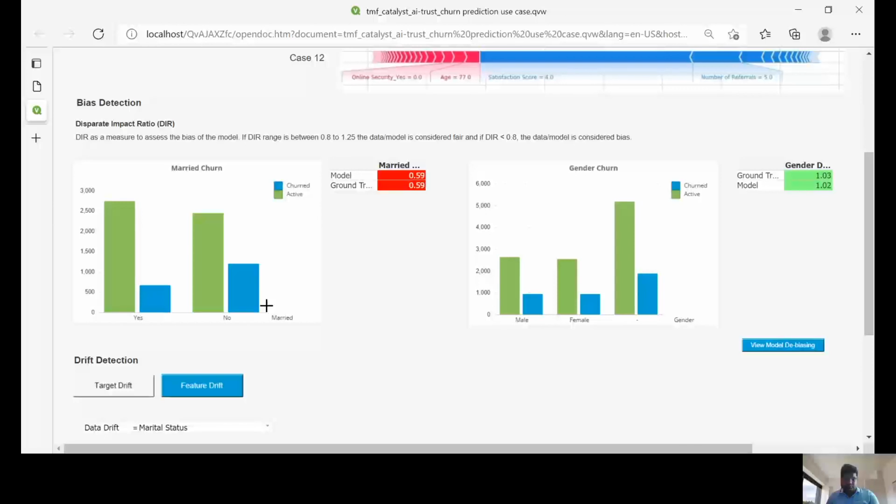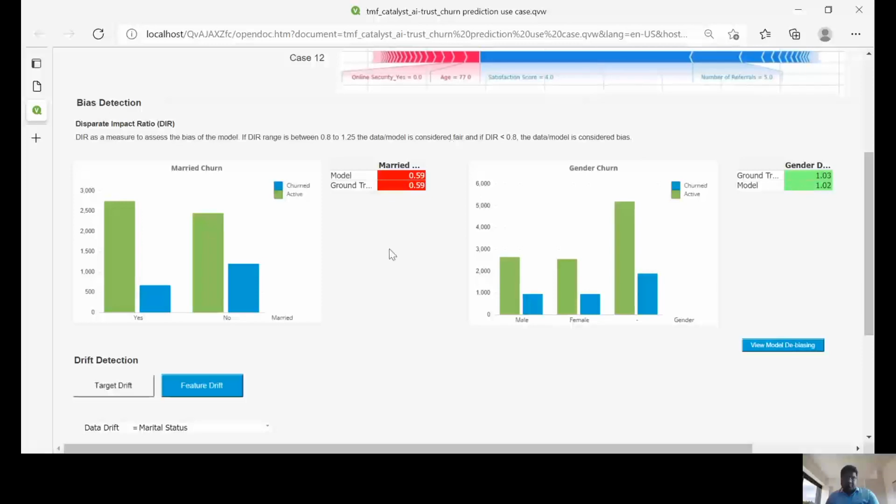It is more likely to predict churn behavior among unmarried customers, even though that may not be true. Hence, it is detecting a bias. Just to show you a comparison, there is no bias with gender because across the different male-female sections of the sample, the model is quite unbiased in predicting churn behavior.